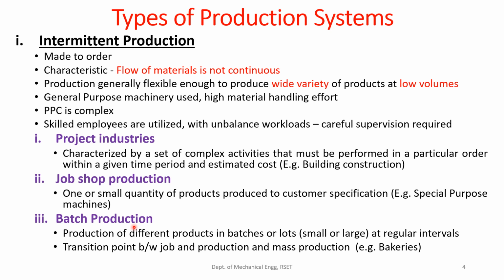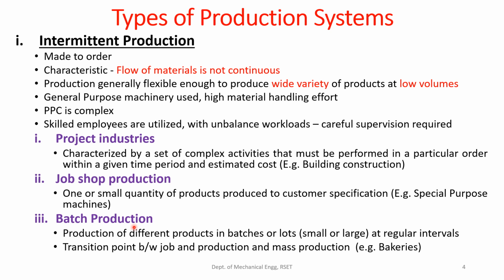So here, variety of production is high because it's according to customer specification, but at the same time, the quantity is generally very low. Okay? It's either one or a very small quantity. So the level of standardization in this particular kind of production system is very low.